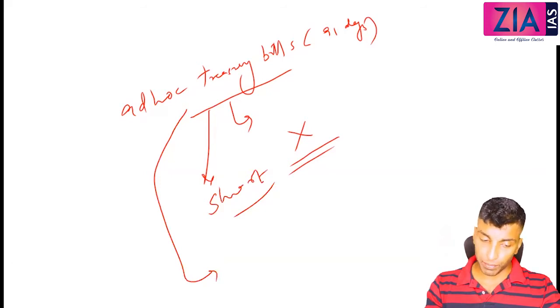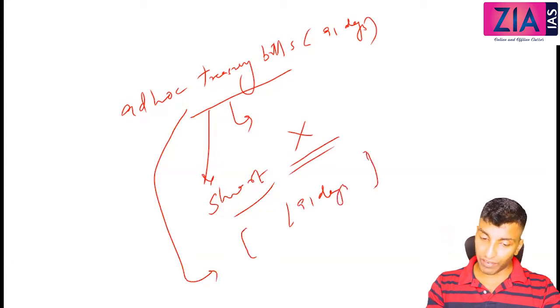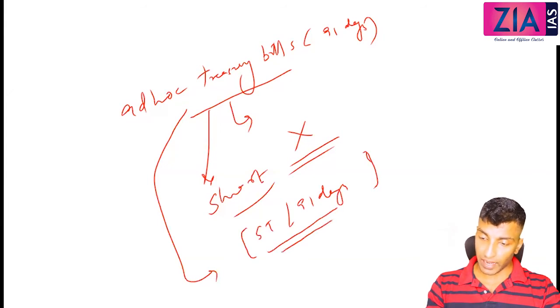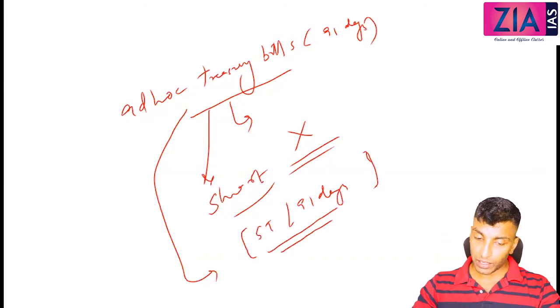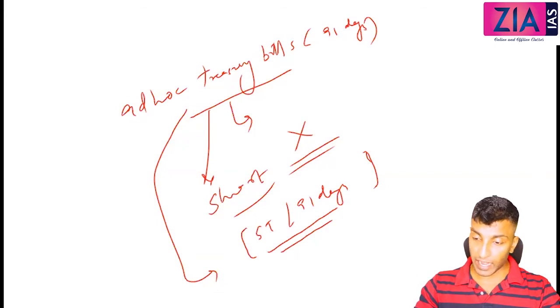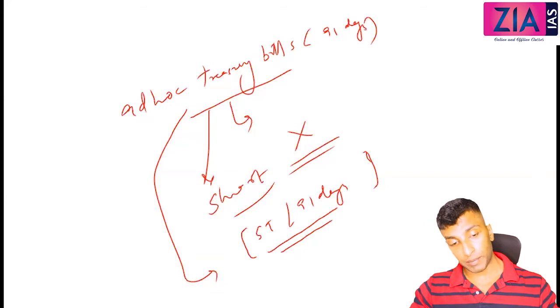These are a special type of treasury bills, in bracket short term, or you can also write 91 days government bonds issued by the government to the central bank or RBI for temporary borrowings, to cover the time lag between its receipts and expenditure. Now it is not there; ways and means advances are there.